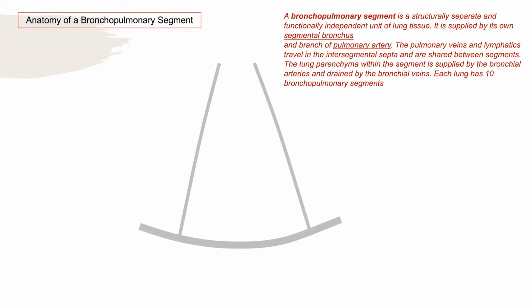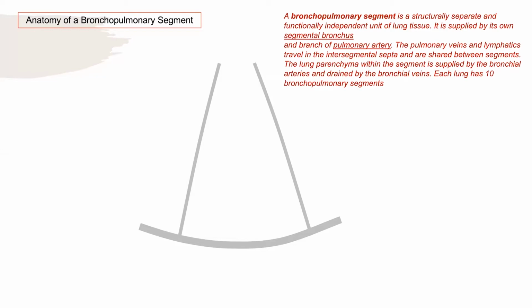A bronchopulmonary segment is a structurally separate and functionally independent unit of lung tissue. It has its own segmental bronchus. It has its own personal bronchus and a branch of pulmonary artery. So this pulmonary artery is for gaseous exchange.